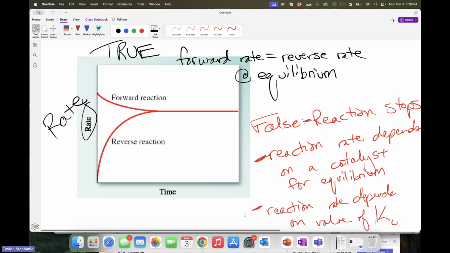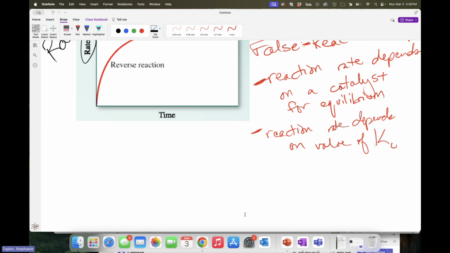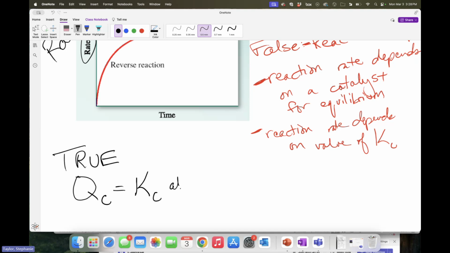We could also talk about things like K and Q. So I'll just put in here that, again, the true statement is that K and Q should be equal at equilibrium. So I'll put that one in there.